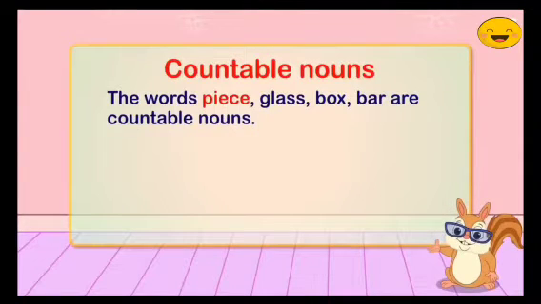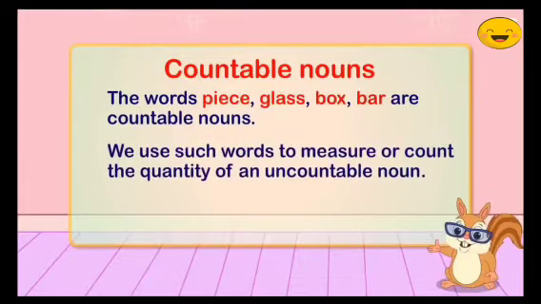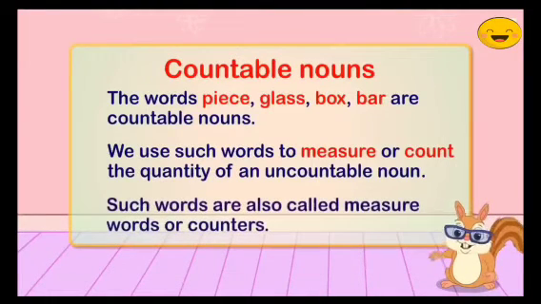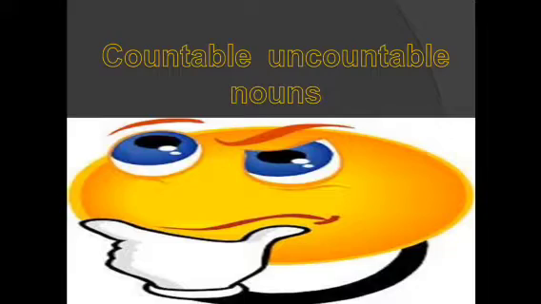So, the words piece, glass, box, bar are countable nouns. Great! We use such words to measure or count the quantity of an uncountable noun. Such words are also called measure words or counters. Great. Now we can use countable and uncountable nouns in sentences.